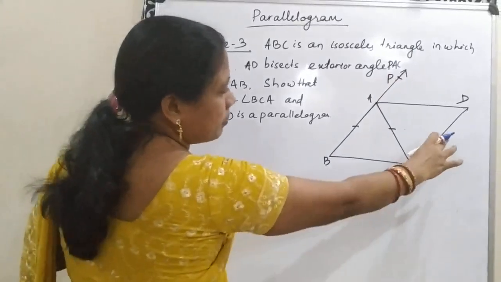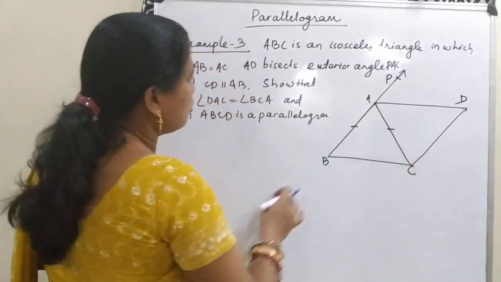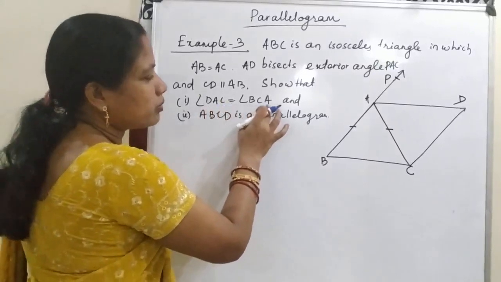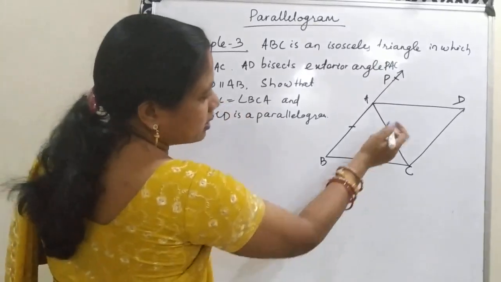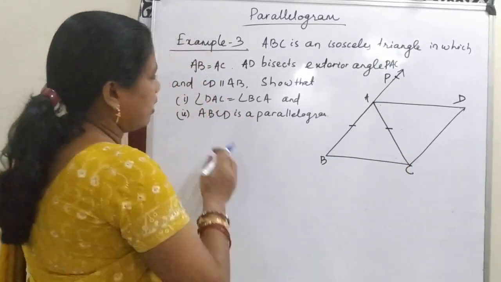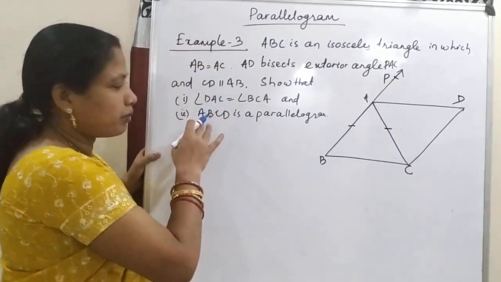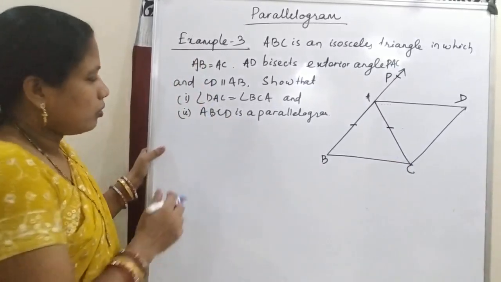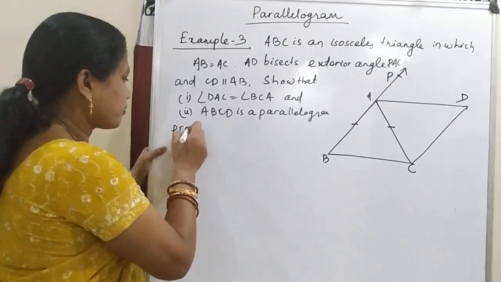And CD is parallel to AB. We have to prove that angle DAC is equal to angle BCA. And again we have to prove ABCD is a parallelogram. So how to prove?